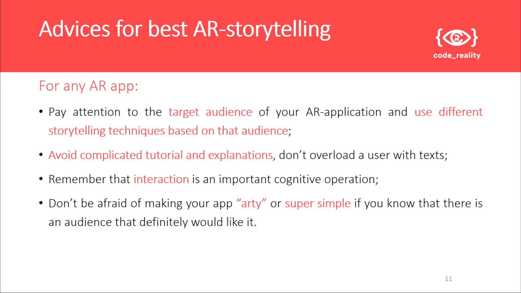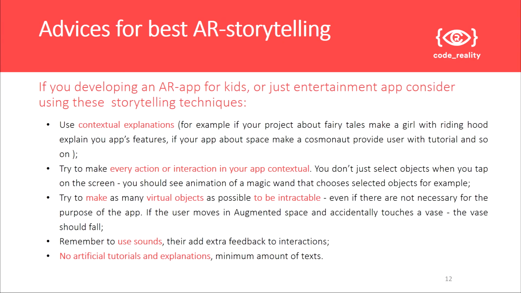If you are developing an AR app for kids or just an entertainment app, consider using these storytelling techniques. Use contextual explanations. For example, if your project is about fairy tales, make a Little Red Riding Hood explain your app's features. And if your app is about space, make a cosmonaut provide user with tutorial and so on.